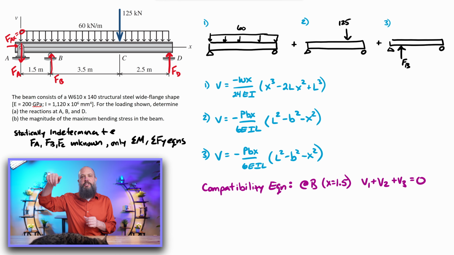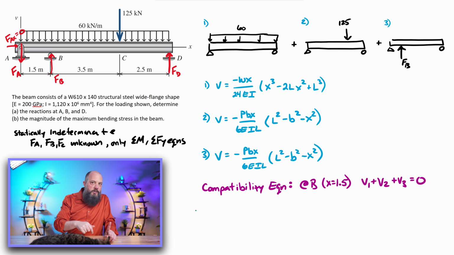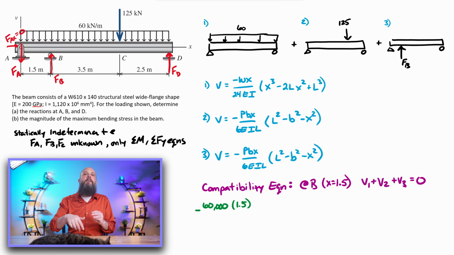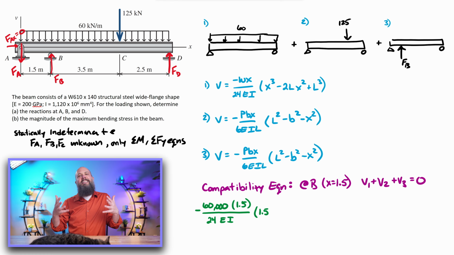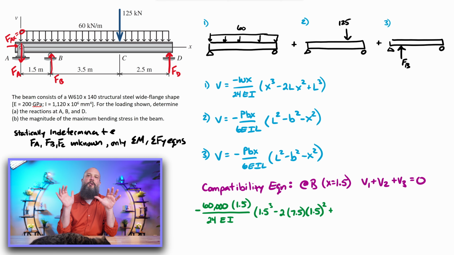So however much the distributed load pushes B down, and the 125 is going to push B down, the force at B has to push it up to exactly cancel out those 2 other deflections. So if we add up the deflection at point B for all 3 forces, that has to add to 0 because we know the beam is touching the roller joint at that point. So V1 plus V2 plus V3 equals 0, all the deflections at 1.5.